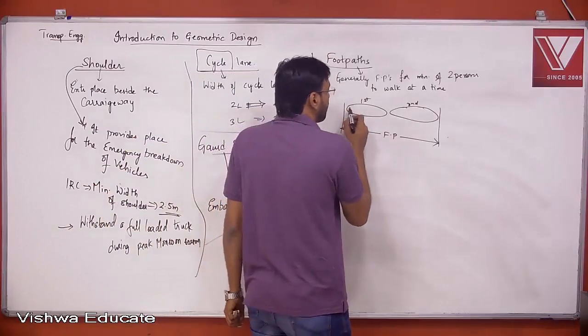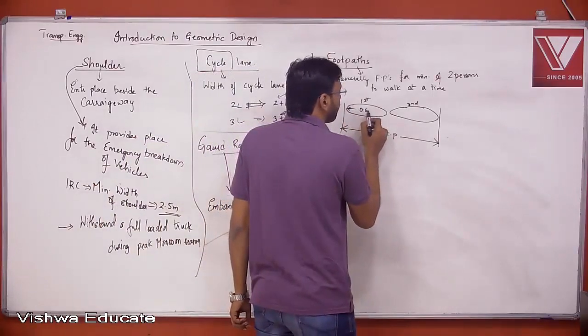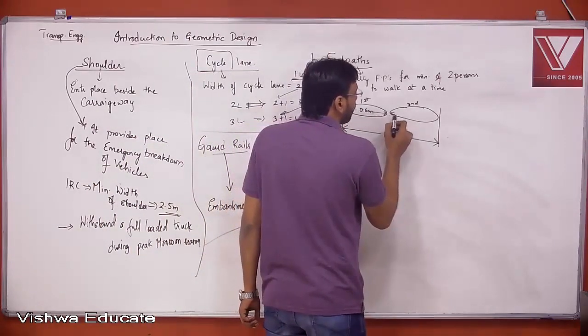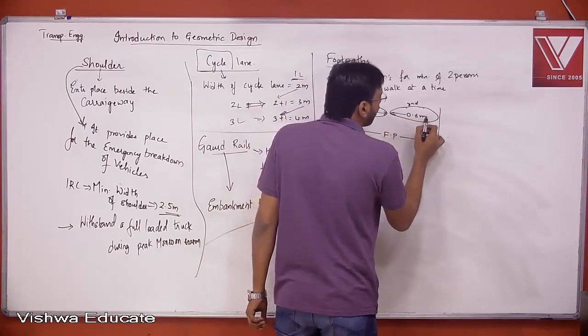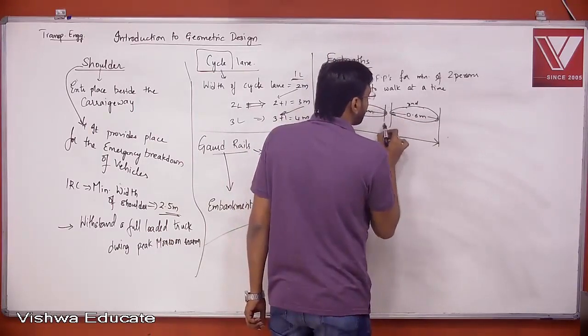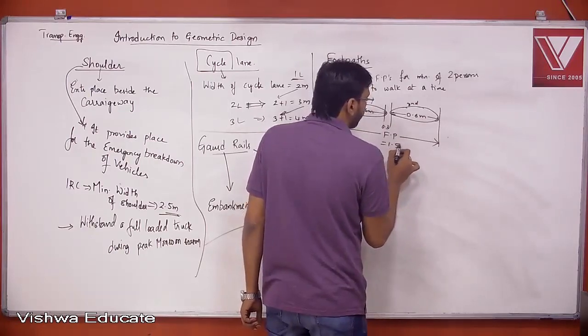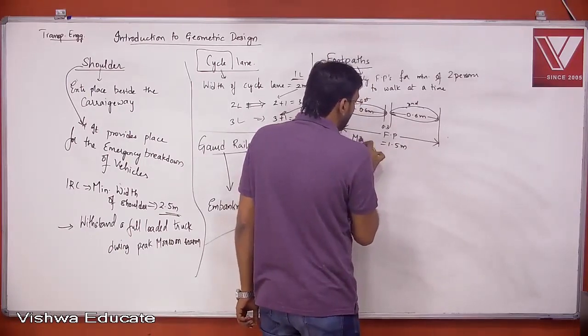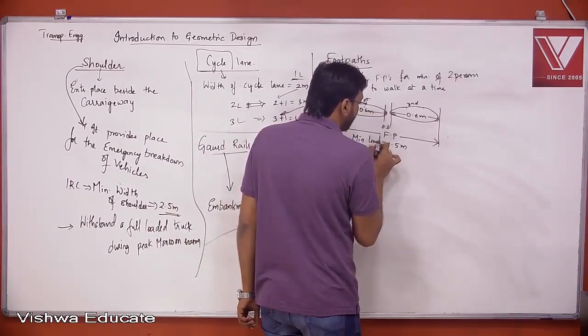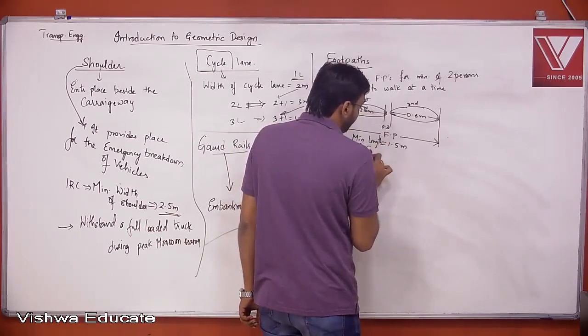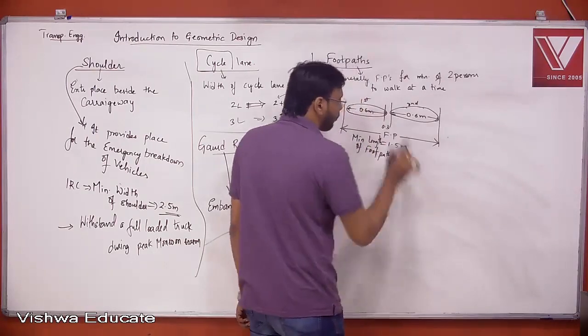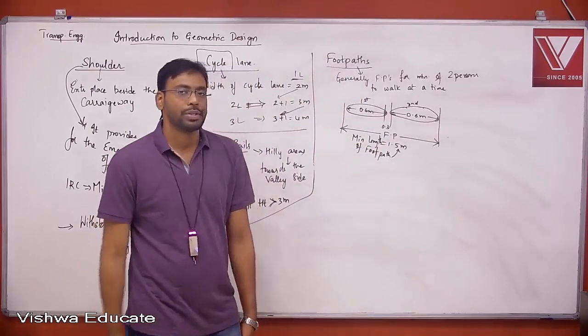So 60 centimeters, that is 0.6 meter and 0.6 meter, and there is a clearance of 0.3 meters. So total is 1.5 meter. So the minimum width of footpath is 1.5 meter for 2 persons to walk at a time.